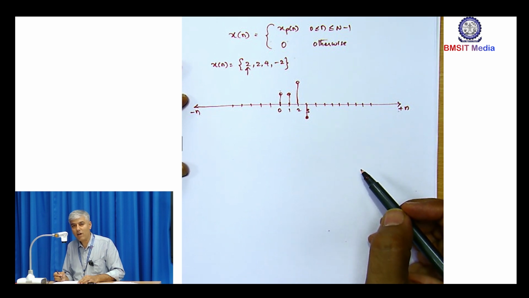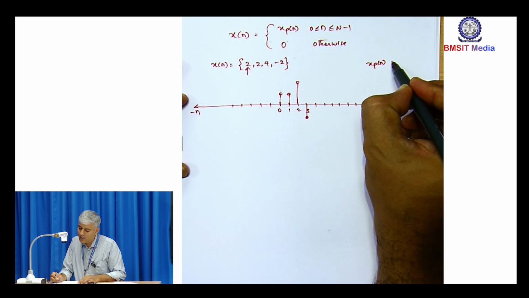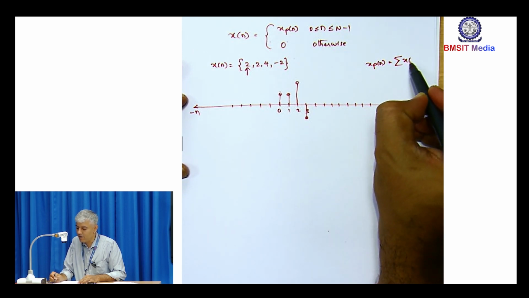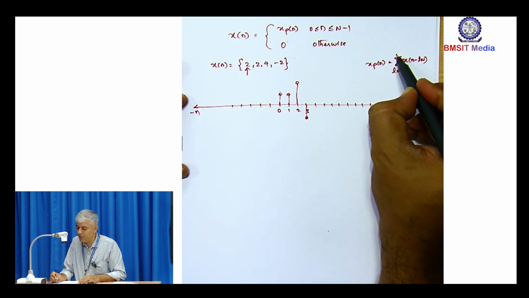And what is xp of n? Xp of n is the periodic repetition. So, the expression is x of n minus Ln, correct. L is ranging from minus infinity to plus infinity.